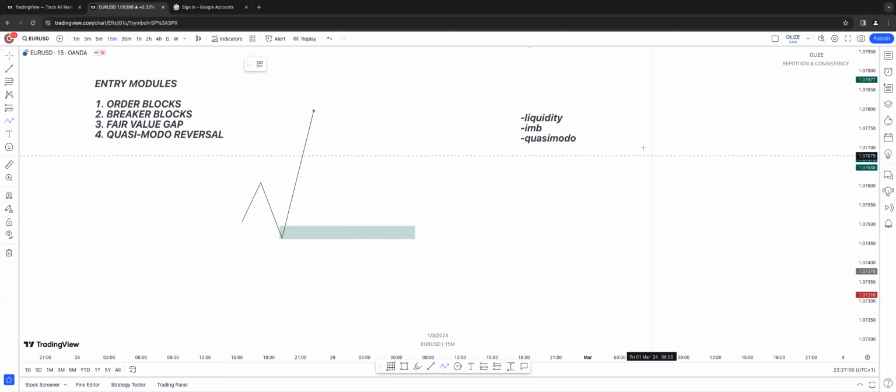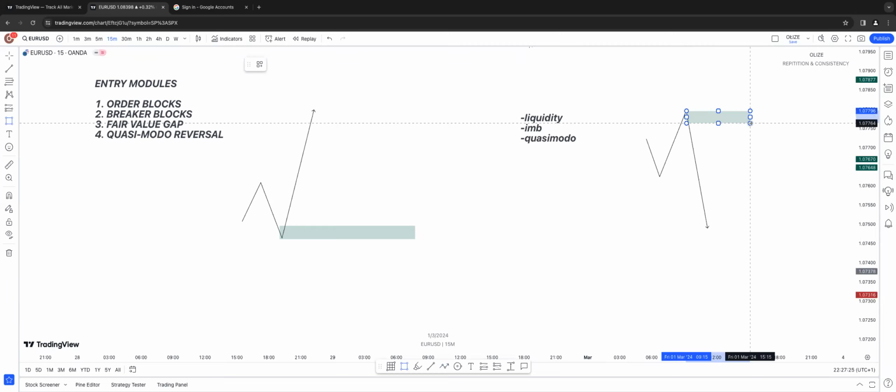So, in the case of a bearish scenario, we have a Quasimodo, and the last opposition candle around the zone, protected by liquidity.